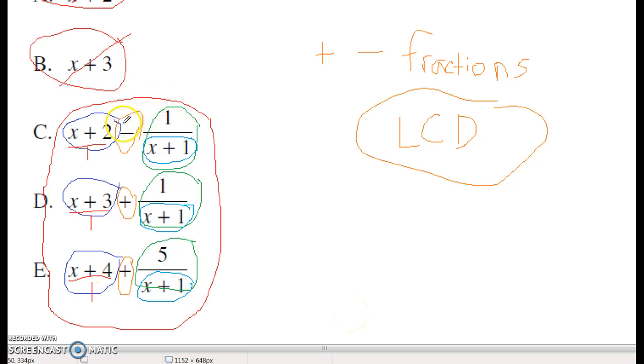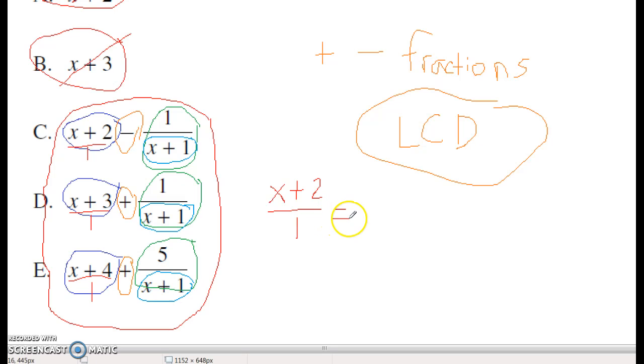But to be able to subtract or add fractions, we have to use the least common denominator. So what we're going to have to do is work through each one of these three as quickly as possible using least common denominator. I'm going to take the first one, x plus 2, and put it over 1.